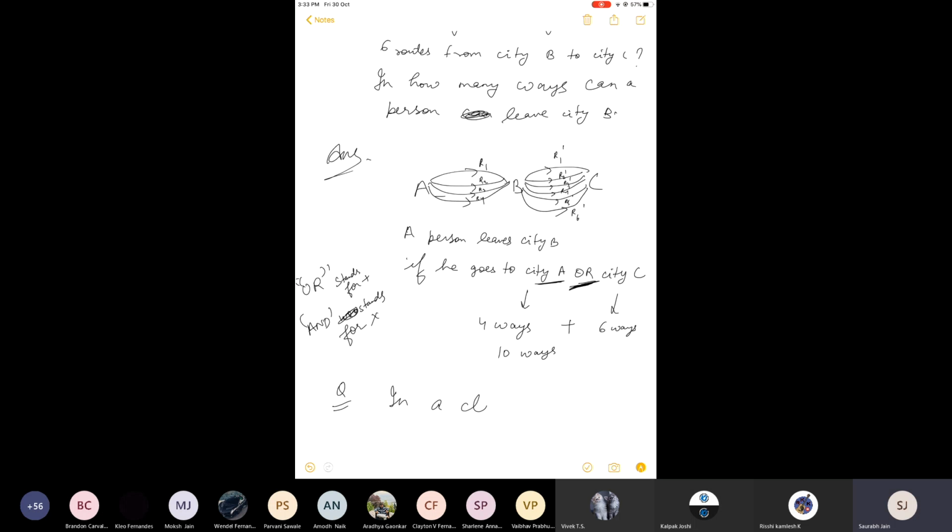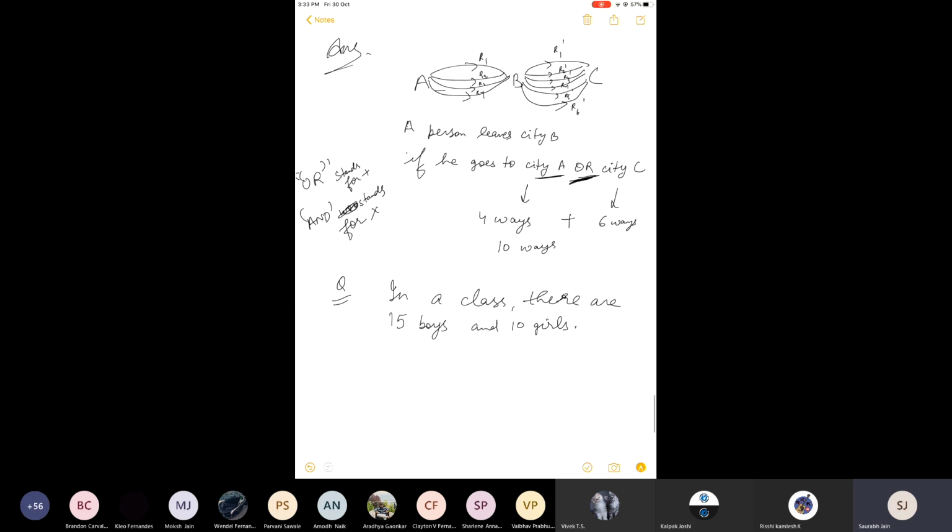In a class, there are 15 boys and 10 girls. In how many ways can a class monitor be selected, or made, or whatever?